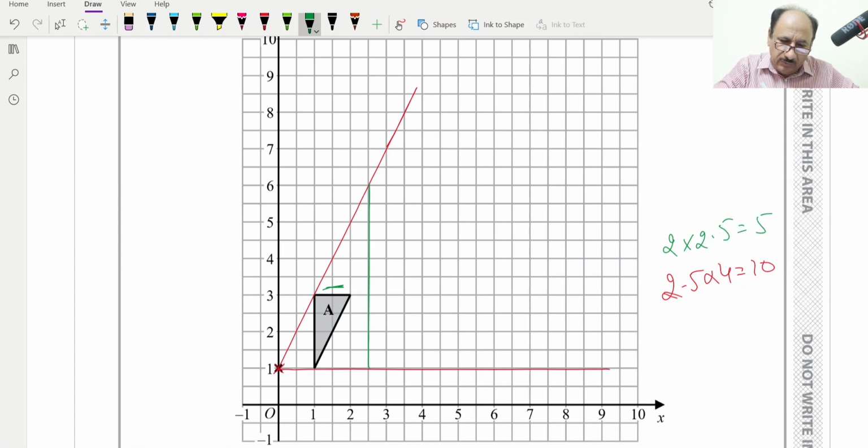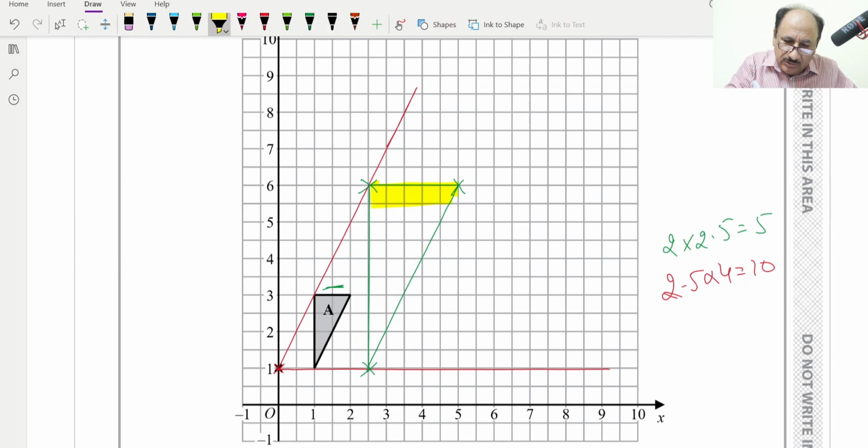So from here we'll take 1 2 3 4 5 units up to this mark, and we can put a cross over here. These are the 3 points which you will have to join to get the triangle, and hopefully you are understanding. I'm trying to explain each and every step, and this will be our required triangle.